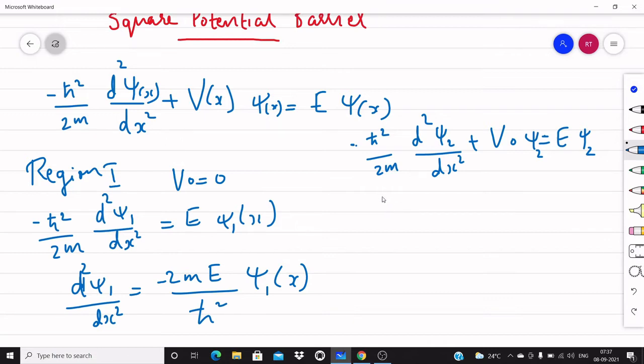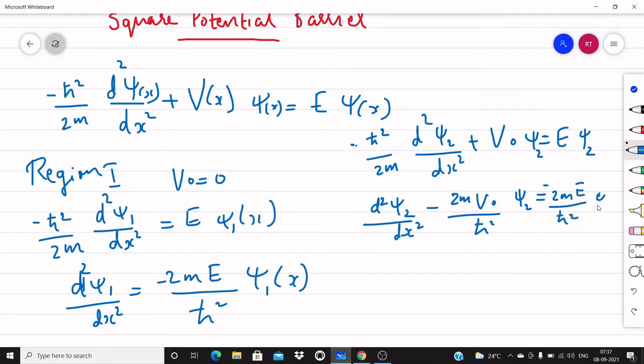Minus 2m by h cut square is multiplied throughout, so that we will have d square psi 2 by dx square minus 2m V0 by h cut square psi 2 is equal to minus 2m E by h cut square psi 2.